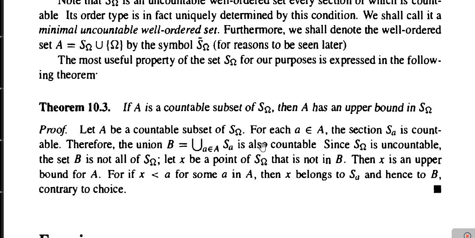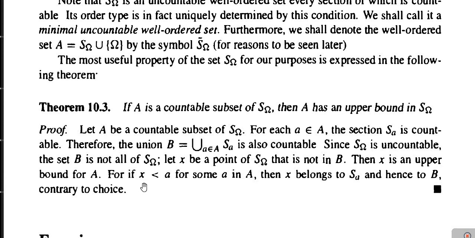We have supposed that S omega is uncountable and B is countable, therefore S omega cannot be equal to B. Next, let small x be a point of S omega that is not in B. Then x is an upper bound for the set A.